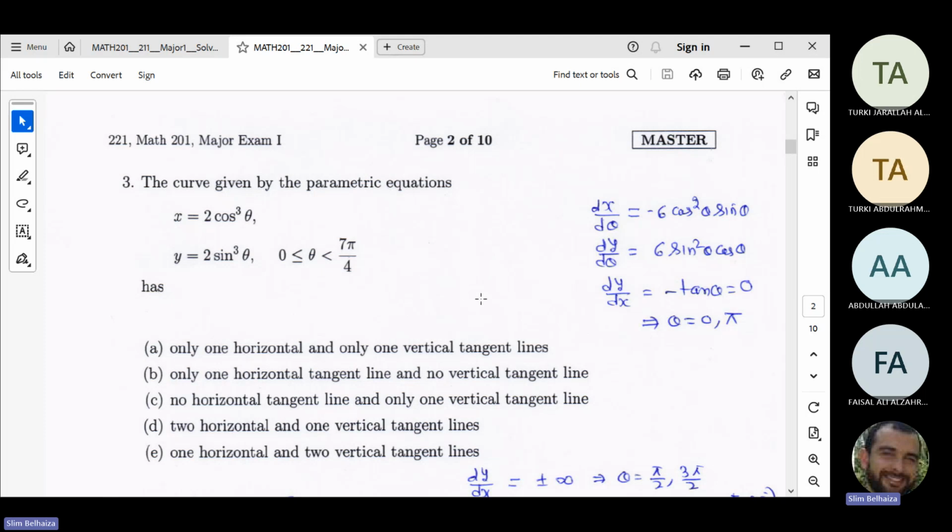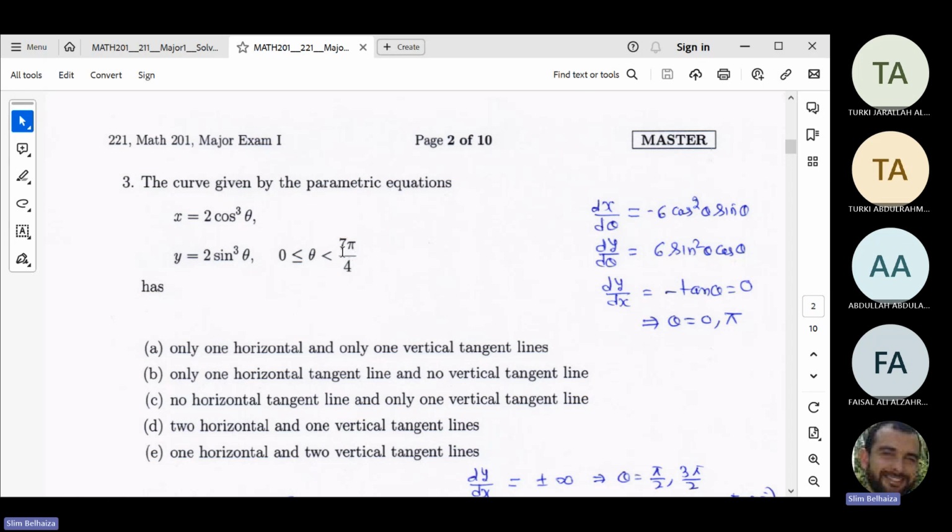Now, what about the vertical tangent lines? Of course, since dy over dx is minus tan theta, the tangent line is vertical at pi over 2 and 3 pi over 2, within the period from 0 to 7 pi over 4.